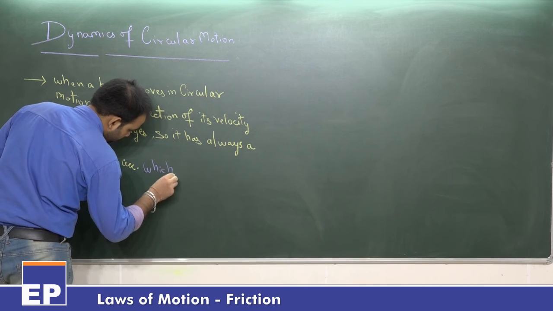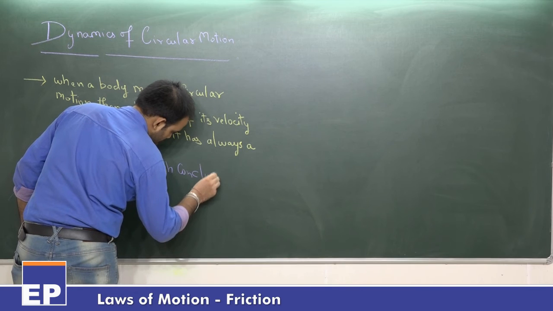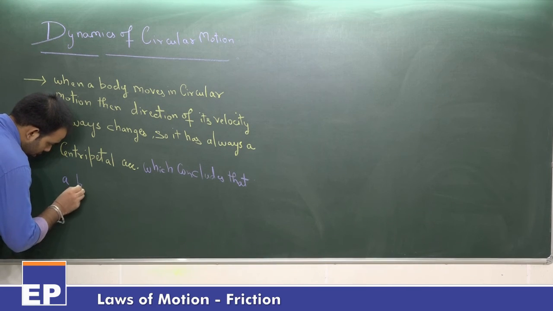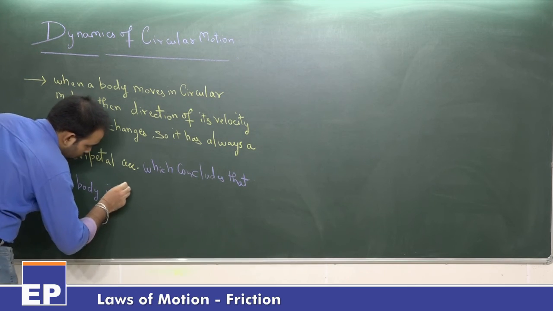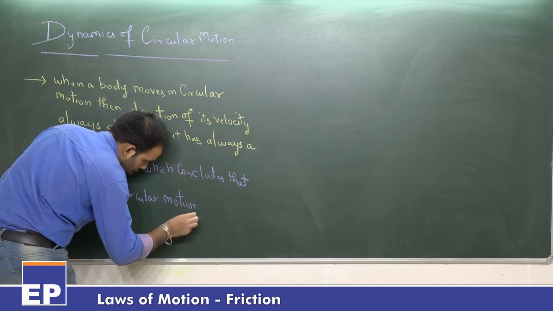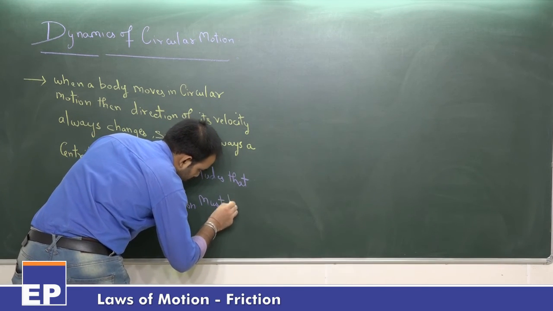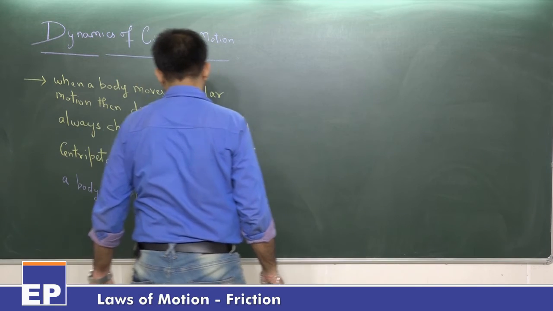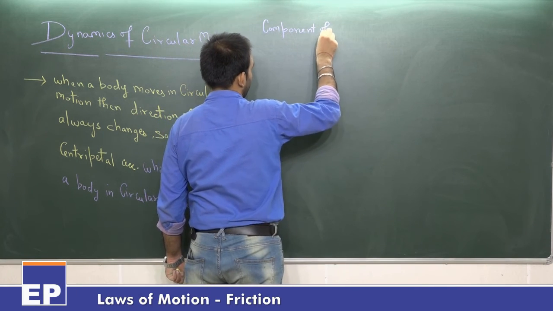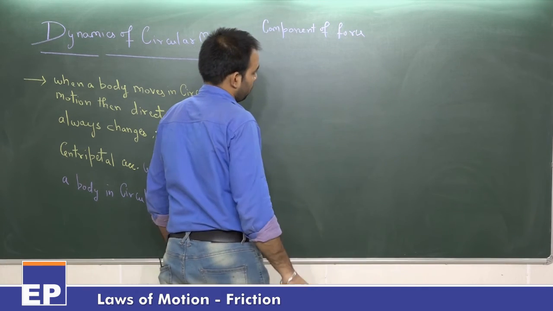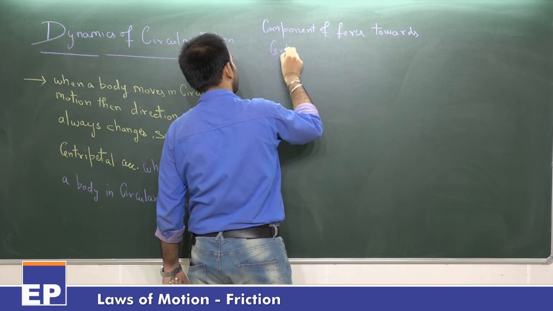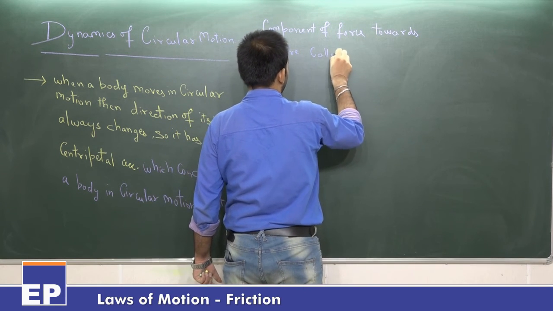Which concludes that a body in circular motion must have a component of force towards the center, called centripetal force.